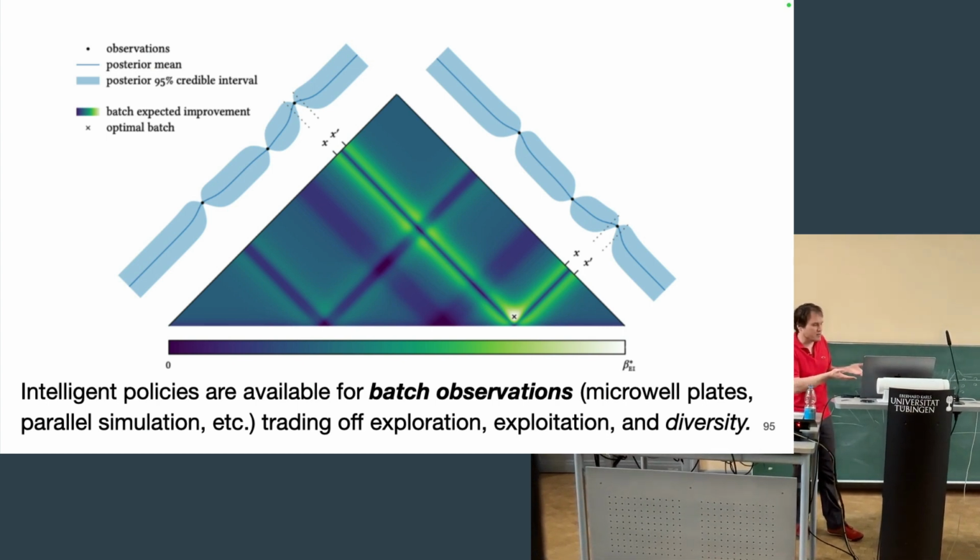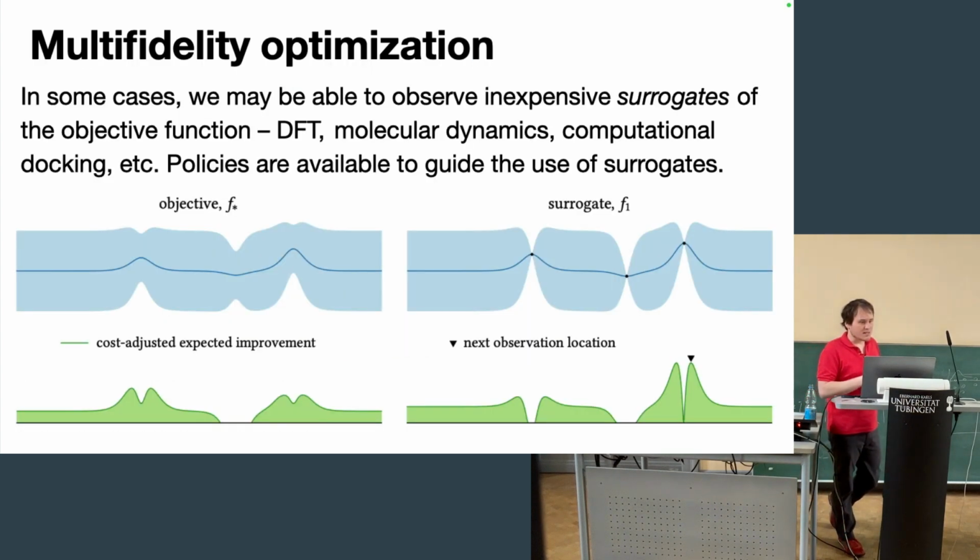Decision theoretically, you would want to compute the expected utility of adding a batch to your data set. There's also extensions of bandit-style algorithms like UCB that have strong theoretical guarantees on their performance. This new idea that comes up once you start designing more than one experiment in parallel is that you want to design batches that trade off exploration, exploitation, and also diversity among the batch members. You don't want to put all your eggs in one basket.